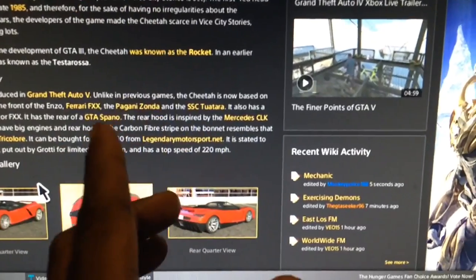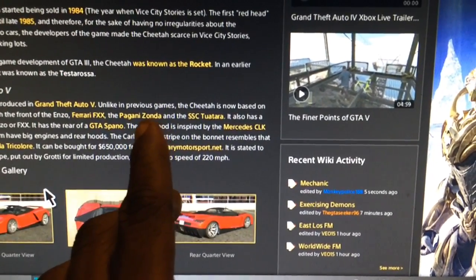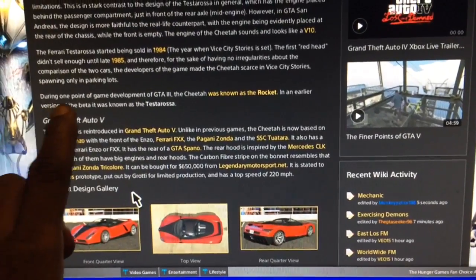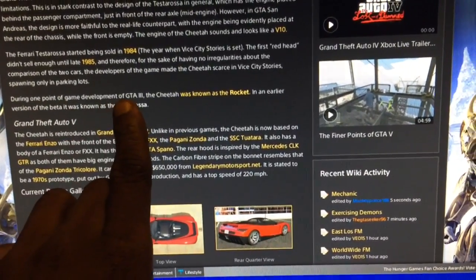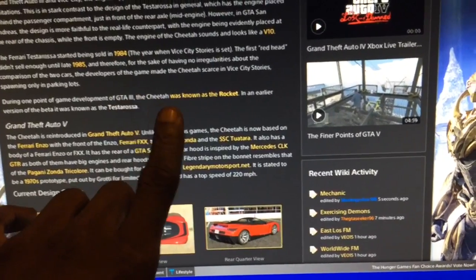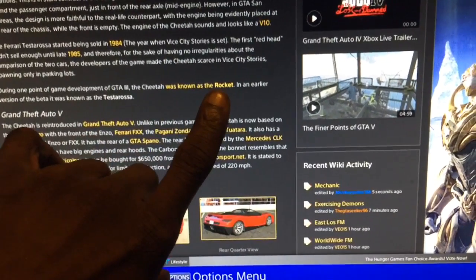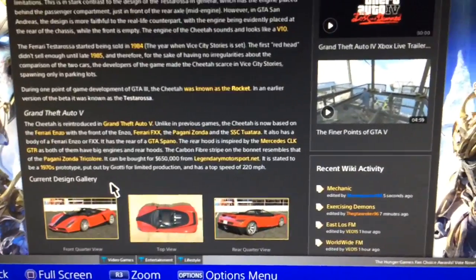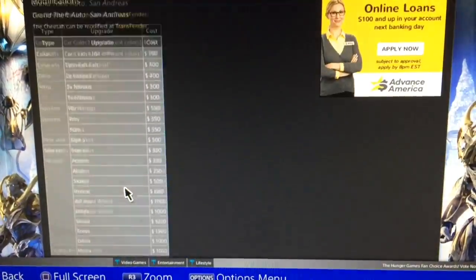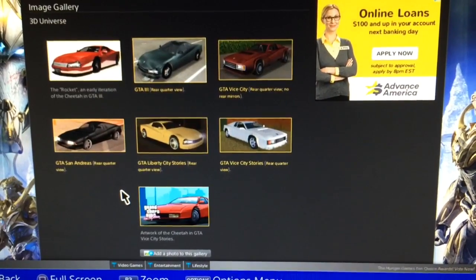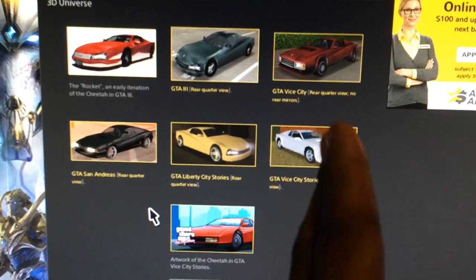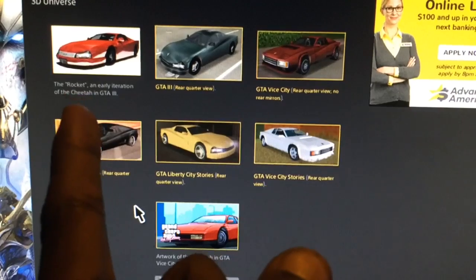Now, once again, not only is it closely tied to the Zonda within its outlook on its appearance, but during one point of the game's development in GTA 3, the Cheetah was known as the Rocket. The Rocket in its beta form. Now, once again, in a mystery where we're trying to find things like a jetpack and even ties to outer space, this car that is tied to Zandar is tied to a rocket.